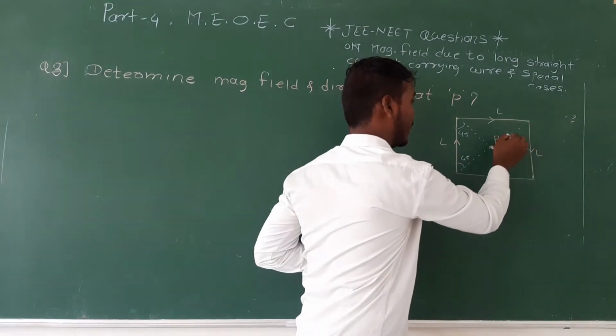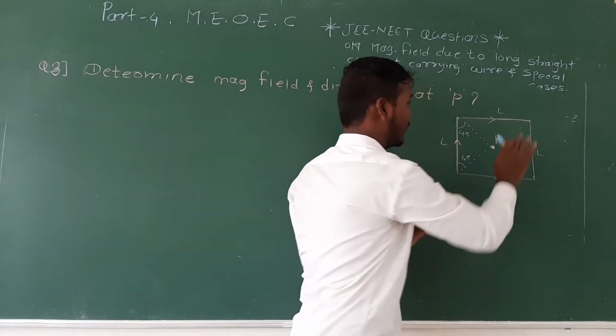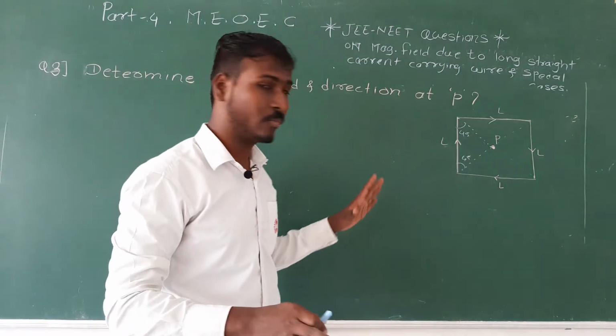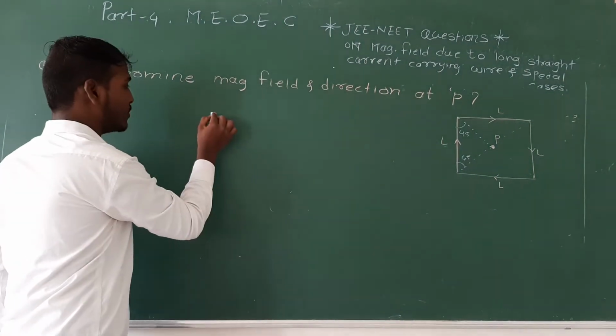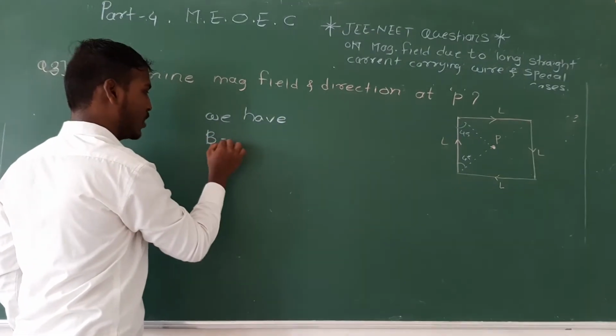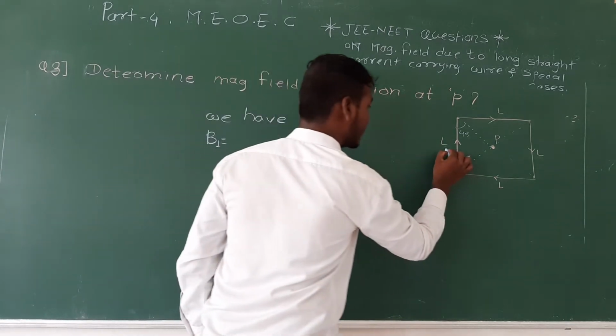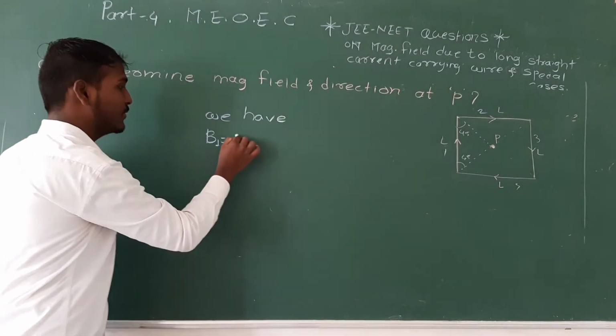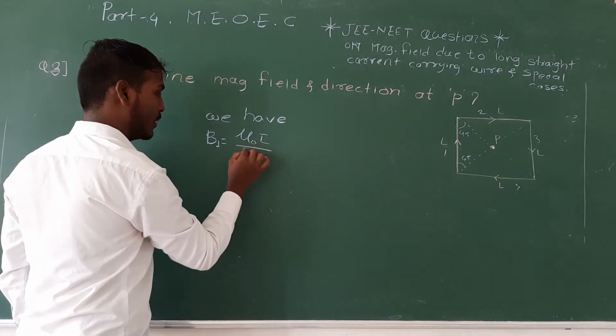You can draw like this. So always the angle will be 45 for alpha and beta. The most important point, we know that B is equal to how much? Sorry, B1 for the first conductor. Let's say this is the first conductor, this is second, this is third and fourth, all finite conductors. So B1 will be mu 0 I upon 4 pi.